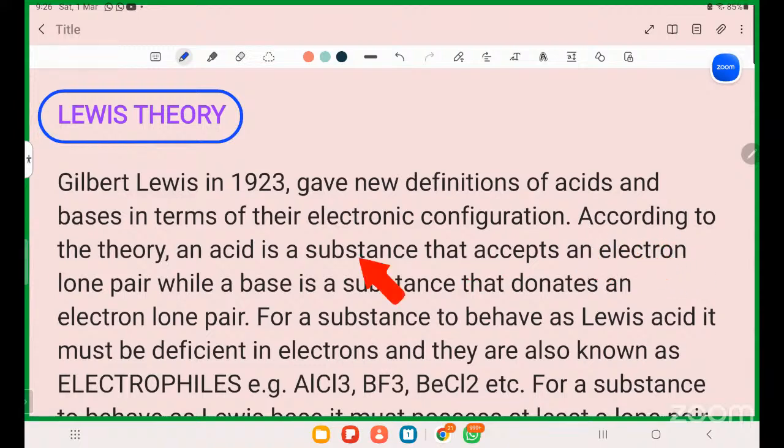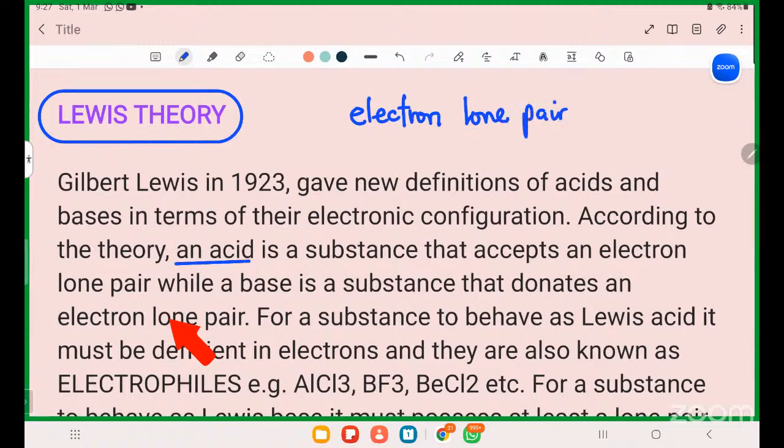So according to his theory, he defined an acid as a substance that accepts a lone pair of electrons. That is his definition of acid. So he gave us the definition of acid and base in terms of electron lone pair.